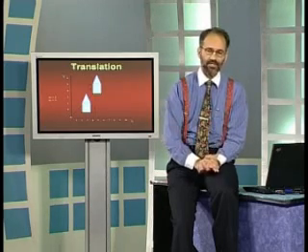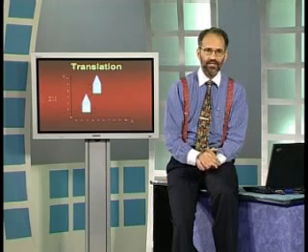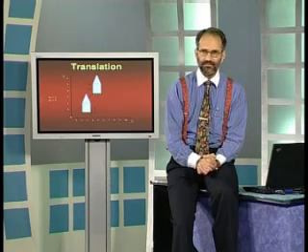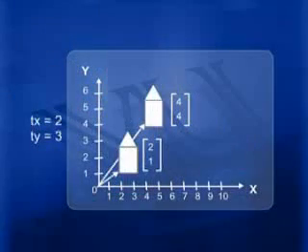How much to move it in the y direction, that measurement is specified by ty. So given tx and ty, we can translate an object in the desired direction with the desired amount of distance.